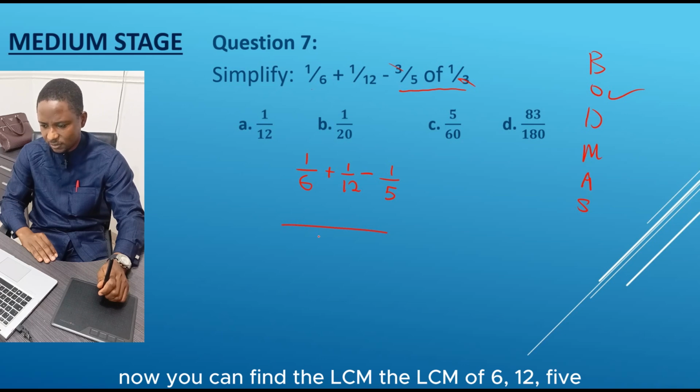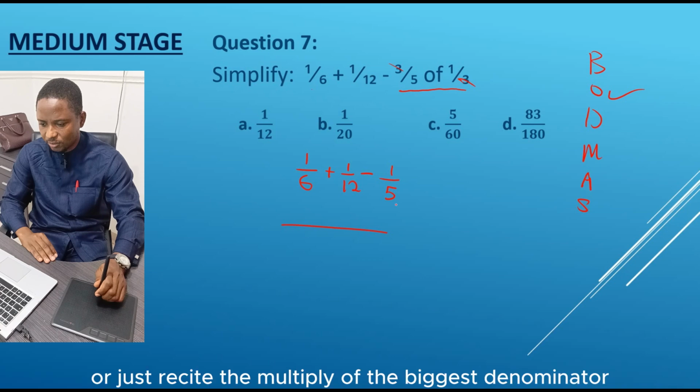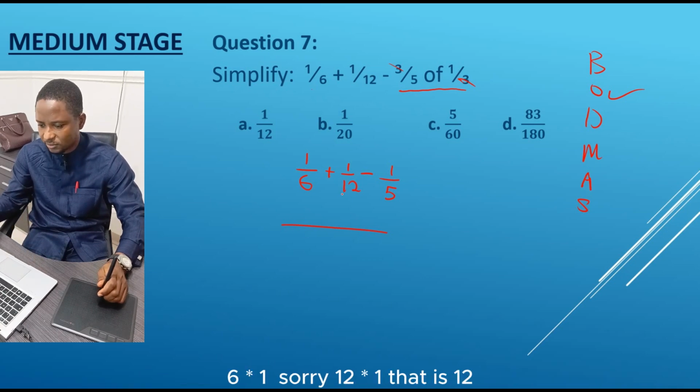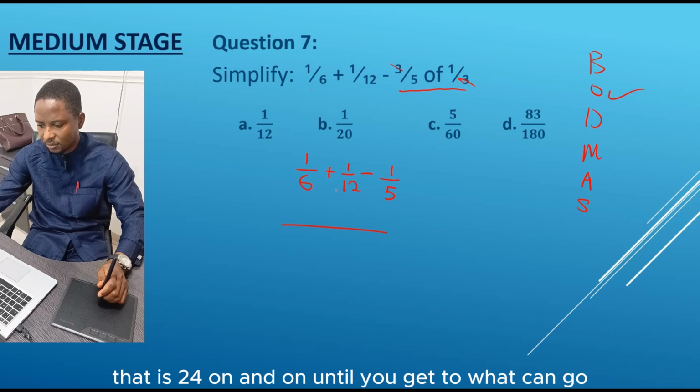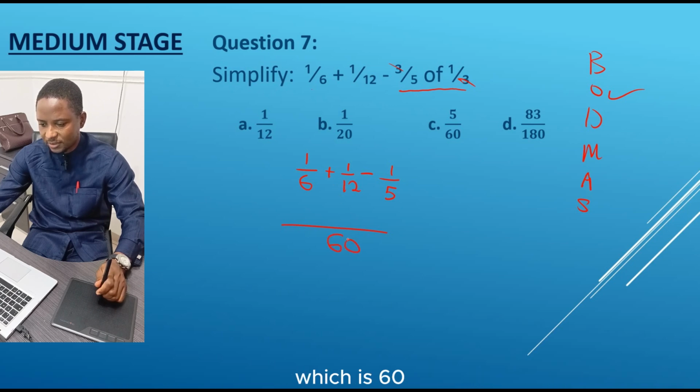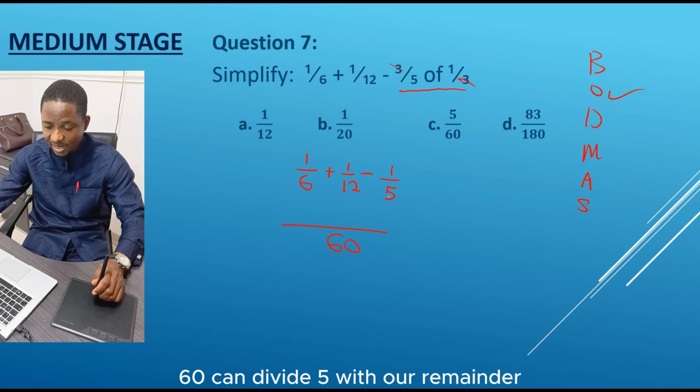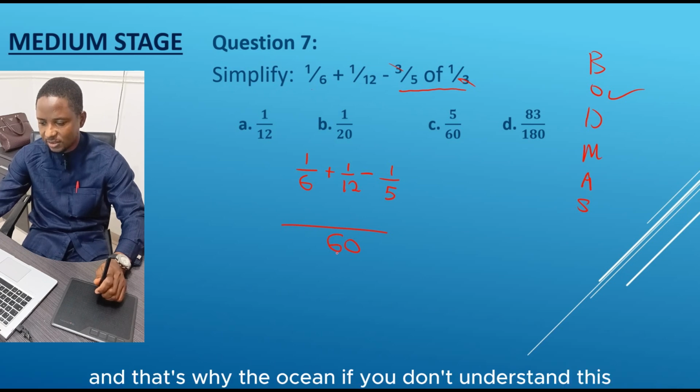Now you can find the LCM. The LCM of 6, 12, 5. You can work that out or just recite the multiples of the biggest denominator. 6 times 1, 6. 12 times 1, that is 12. 6 can go there. 12 times 2, that's 24. On and on until you get to what can go, which is 60. 60 can divide 6 without remainder. 60 can divide 12 without remainder. 60 can divide 5 without remainder, and that is why it's the LCM.